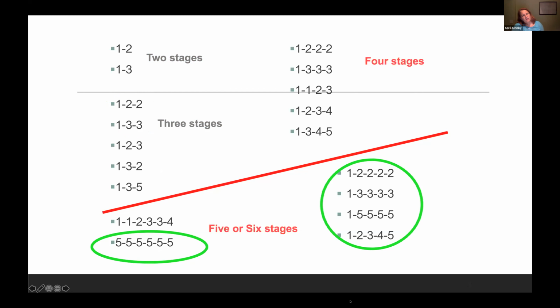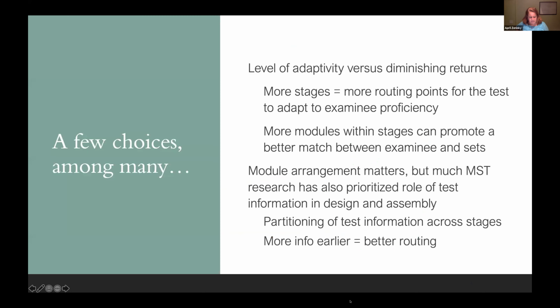So I've got a lot of circles here, but thinking about all the choices, and just to return to that idea of useful tests, it really comes down to what's the result of interest. What design choices will get you there? You could choose to have more or fewer stages, and more or fewer routing points to adapt to proficiency.